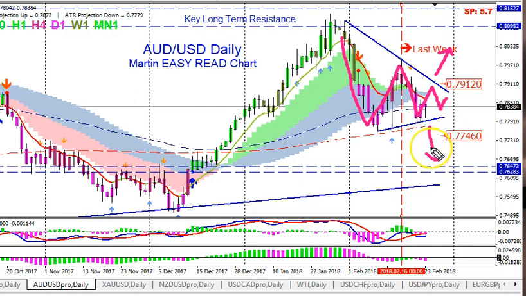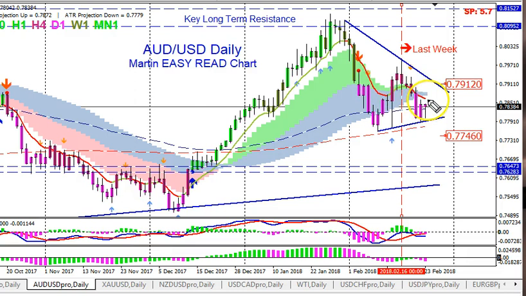So if we think price is going to go lower, you can look at sells below 0.7746. To the upside, above 0.7912. Again, you can see not much happening there, so we really have to wait for further evidence. For the upside, the first evidence we want to see is, does a candle break above this 8 EMA?